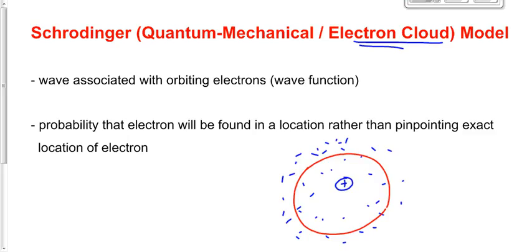Bohr would have calculated the radius of the orbit of an electron, and if we are making a prediction as to where we're going to find that electron, then we would make a prediction that the most probable location is where Bohr said it was. But it doesn't mean necessarily that it's going to be at that spot. It could be anywhere within this cloud. And this cloud is big. Okay, it ranges from a tiny little bit to a lot.